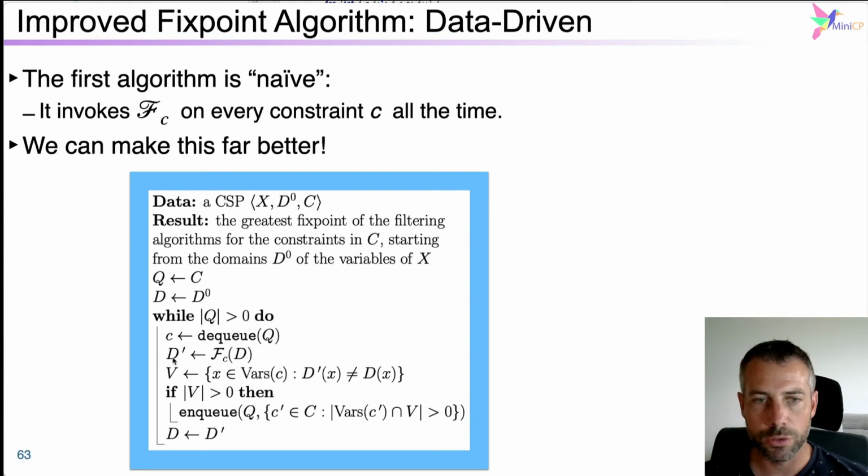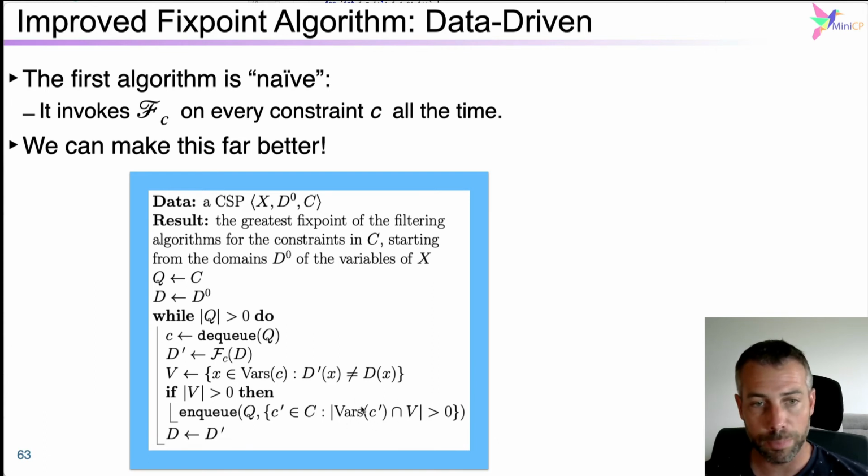As a consequence, you get a new domain that is shrunk, and then you can collect all the variables that have a domain that has changed, that was shrunk. And then you will only enqueue the constraints involving at least one variable that has changed.